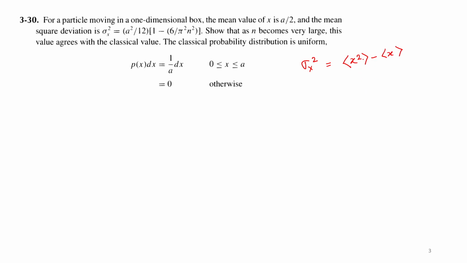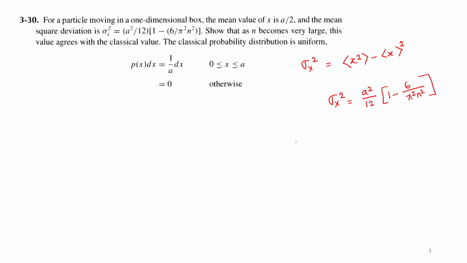Here the classical probability distribution is given, and it is also given that sigma x square is equal to a square by 12 times 1 minus 6 by pi square n square.